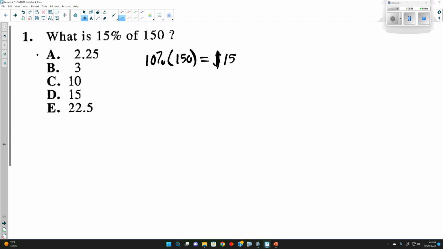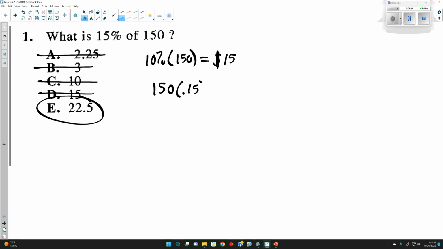So we know it can't be A, B, C. We'll go on and do 150 times 0.15 and see what you get. Type it in. I think you should get 22.5, yes?